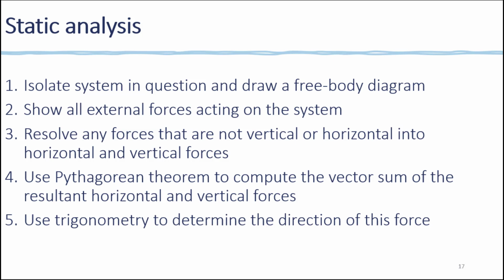Then you have to resolve any forces that aren't perfectly vertical or horizontal into their respective vertical and horizontal components. And if you have vertical and horizontal components, then you use the Pythagorean theorem to calculate the vector sum or the net force of the resultant horizontal and vertical forces. And then finally, you use trigonometry to determine the direction of this force, which is basically the angle that it makes with horizontal.